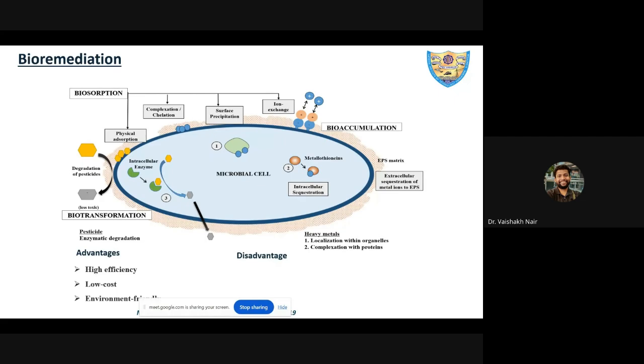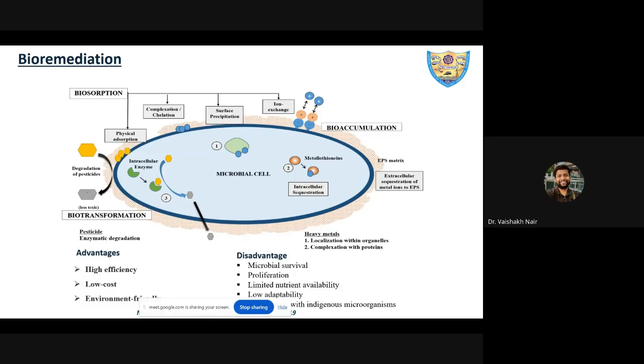The bacteria can remove pollutants by different mechanisms. There is bioaccumulation, there is biosorption. Some reactions take place inside the microbial cell, some outside. It generates some enzymes or other fluids which get involved in the remediation process. This is different for different types of pollutants also.